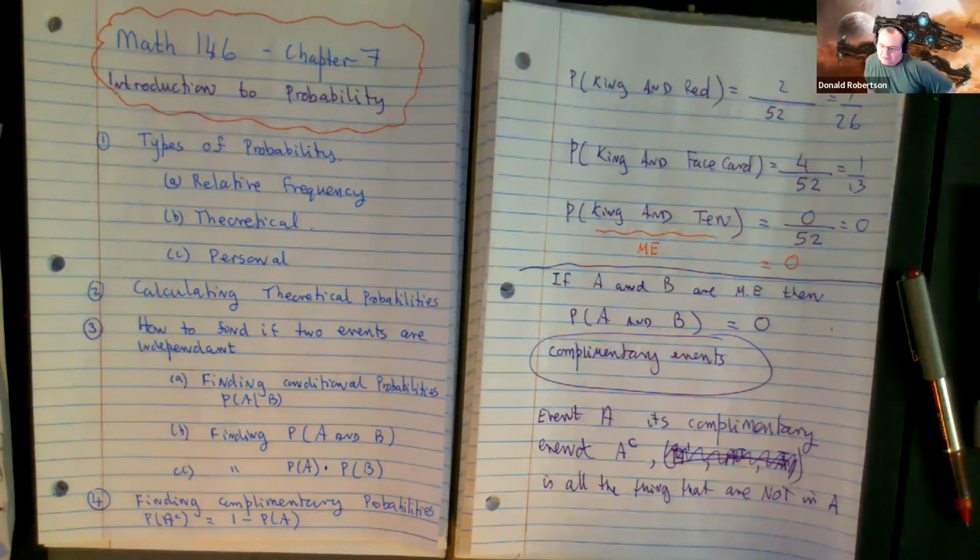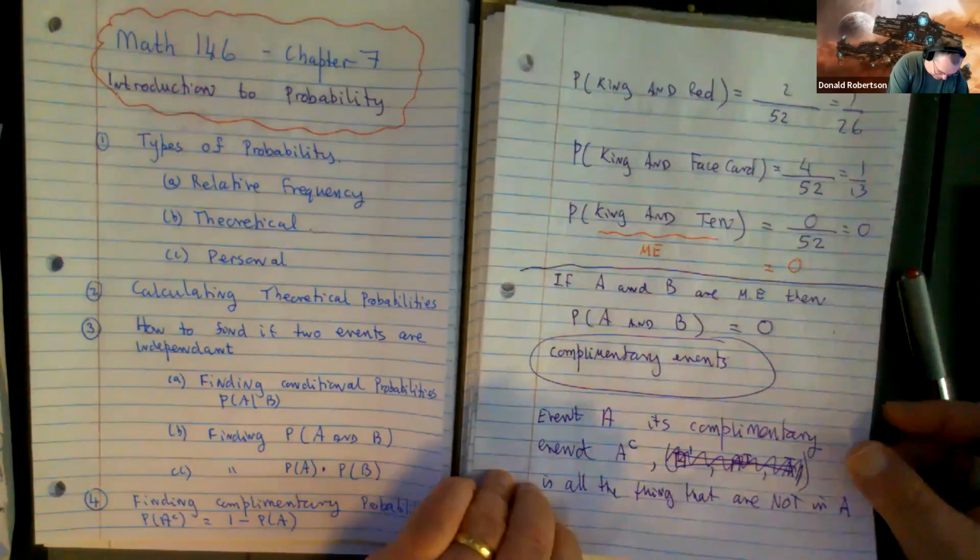If A is I've got a red card, won't the complement be I got a black card? If A is I get an odd number on a dice, won't the complement be I get an even number on my dice?